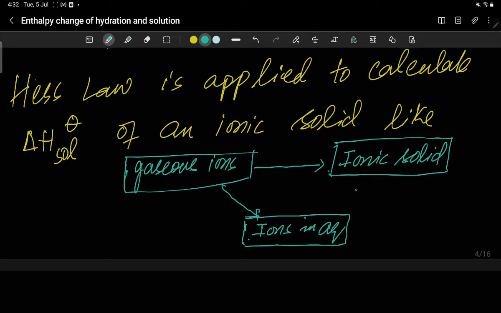And ionic solid in aqueous solution is also exothermic. This is delta H solution, and this is delta H hydration. And this is delta H lattice energy.